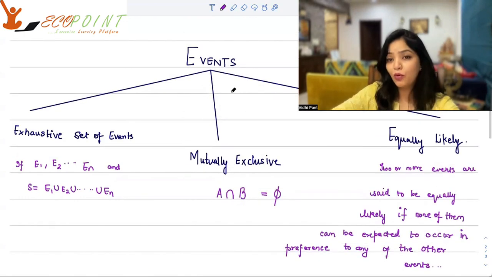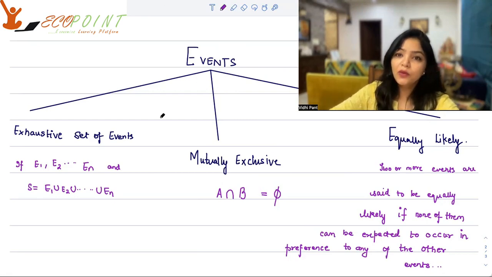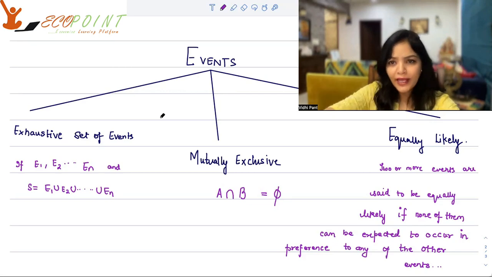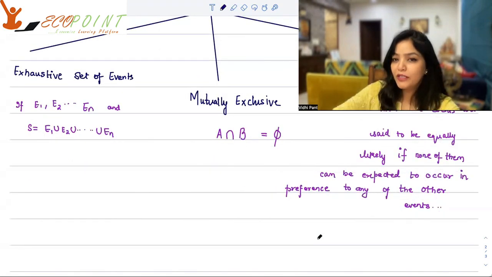Now, when would you call events to be equally likely? Two or more events are said to be equally likely if none of them can be expected to occur in preference to any of the other events. Which would mean that they all have the same probability or chances of occurrence. I would like to give you an example here.